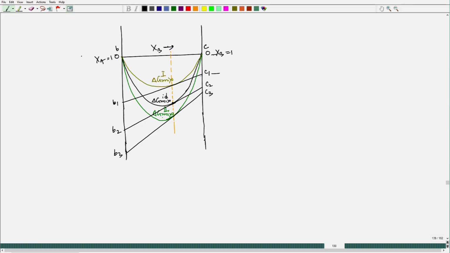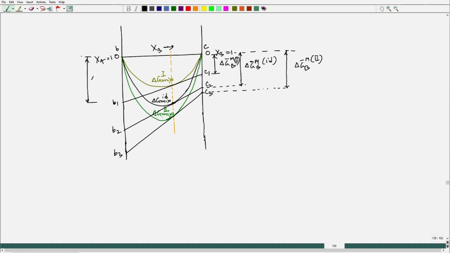This quantity is nothing but delta G bar M B when it is ideal, and this one is for case 1, this is for case 2, of course for B. Similarly, on the other side we can also get that information for A. This quantity is delta G bar M A when it is case 1.